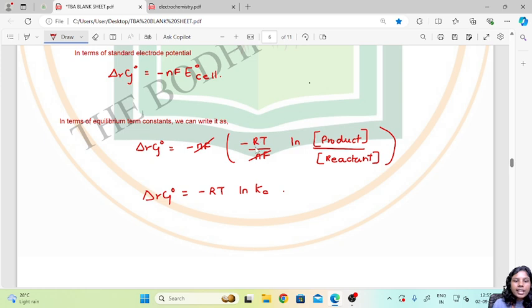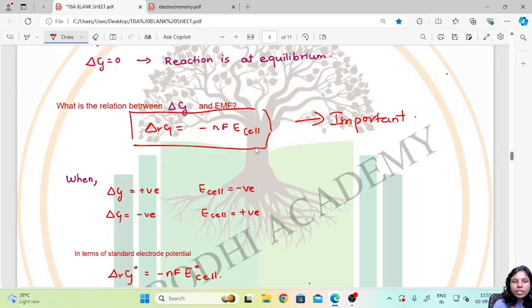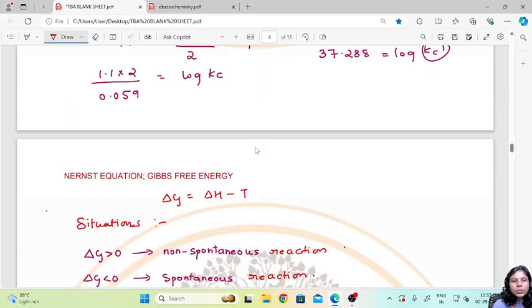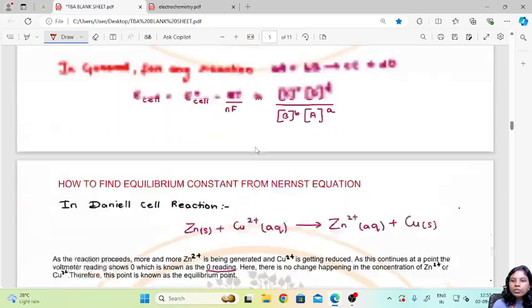So after substituting and reducing the equation, we are finally left with this equation, that is delta rG naught equals minus RT ln Kc. So this was a relation between the equilibrium constant and Gibbs free energy that we derived from the Nernst equation itself. Okay, so that was it for this part of the video.